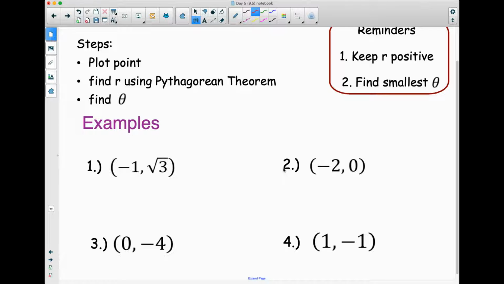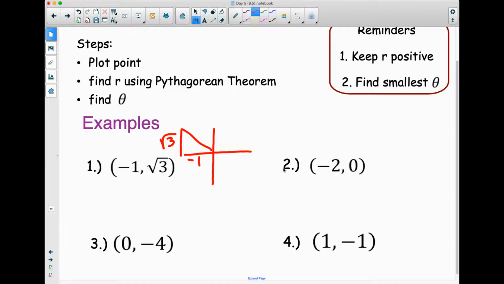Okay, so let's look at the first example. Like I said, this should be familiar to you. We plot the point (-1, √3). So right now I have an ordered pair that is x and y. I need an ordered pair that is r and theta.